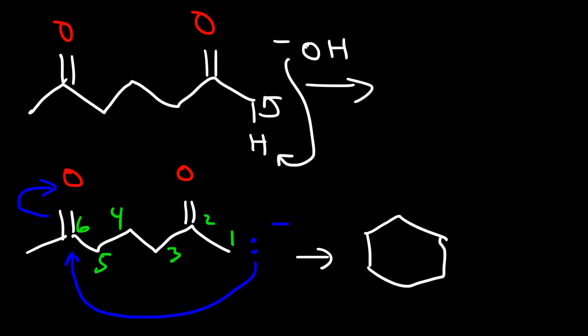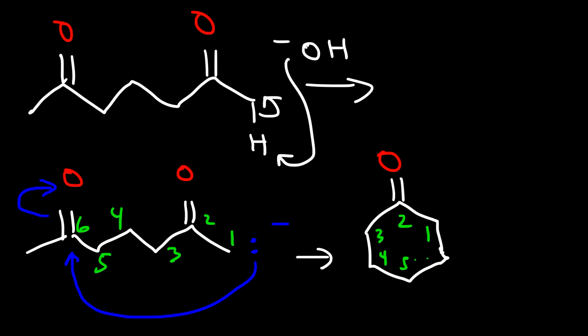Let me draw that again. And then let's make carbon 2, let's put it on top. So this is carbon 2, let's say that's 1, this is 3, 4, 5, and this is 6. On carbon 6, we have a single bond to an oxygen with a negative charge. And also, there's a methyl group attached to carbon 6.